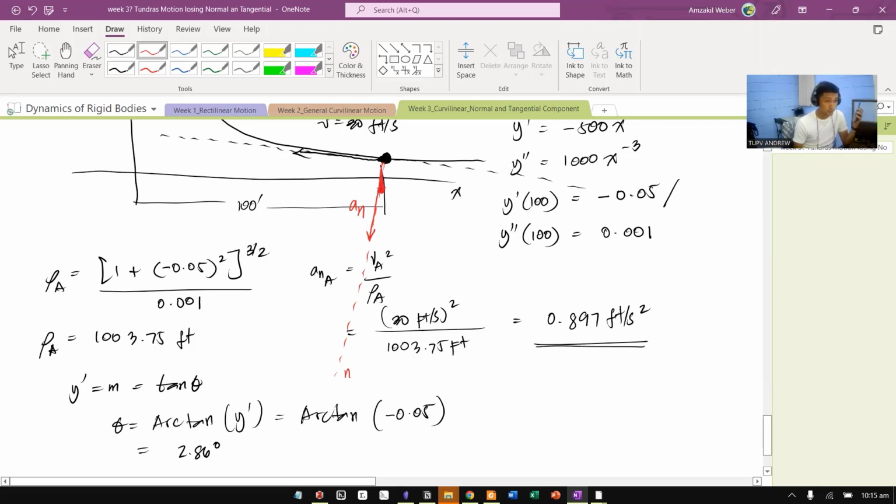Therefore, to completely answer the question by adding the direction, the normal acceleration at point A is 0.897 feet per second squared, and then let's add the angle.